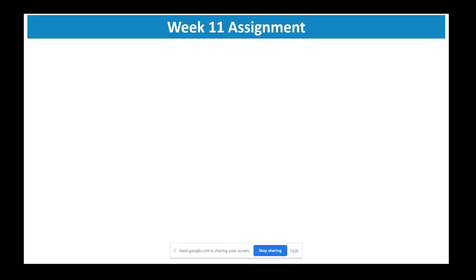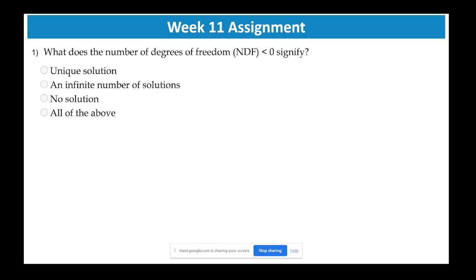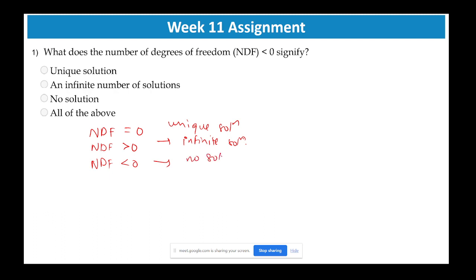The assignment is very simple. The first question is, what does the number of degrees of freedom less than 0 signify? In the beginning of the lecture, I had discussed a few cases. If you have NDF equal to 0, then you have a unique solution. For NDF greater than 0, you have infinite solutions, or for NDF less than 0, you have no solution.